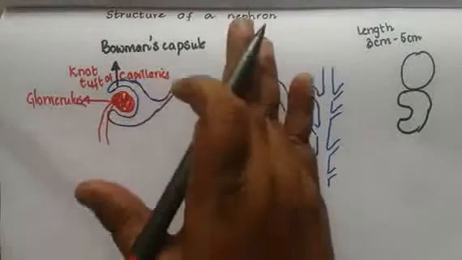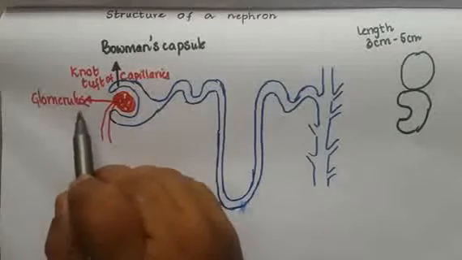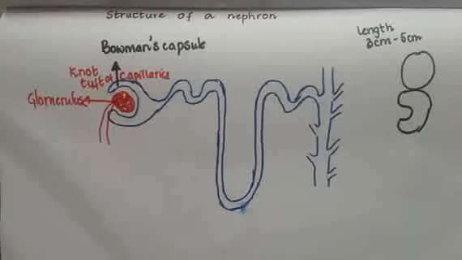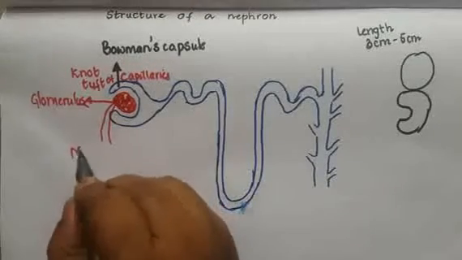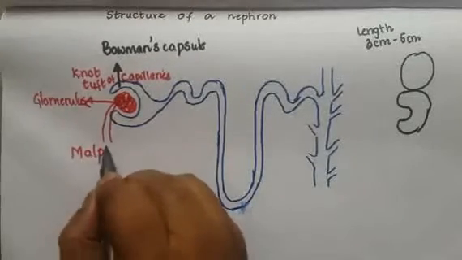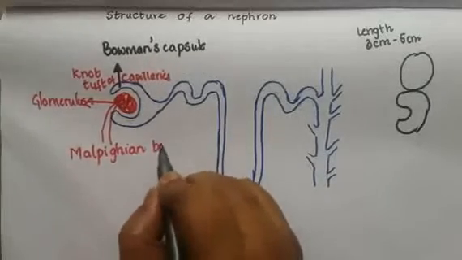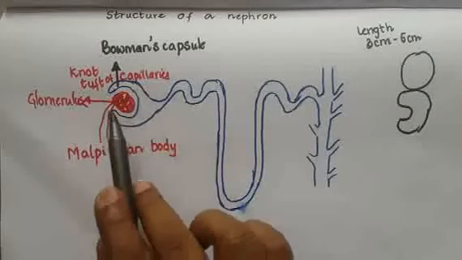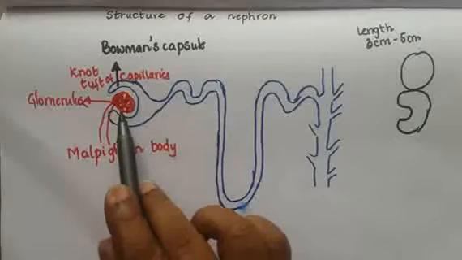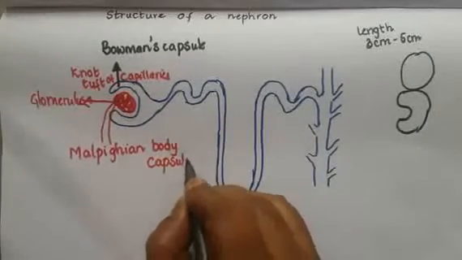So this is the first part of the nephron. And the glomerulus along with the Bowman's capsule, we collectively name as a Malpighian body. So what is the meaning of a Malpighian body? A Malpighian body is a structure which comprises both the Bowman's capsule along with the glomerulus, and it is also known as a Malpighian capsule.